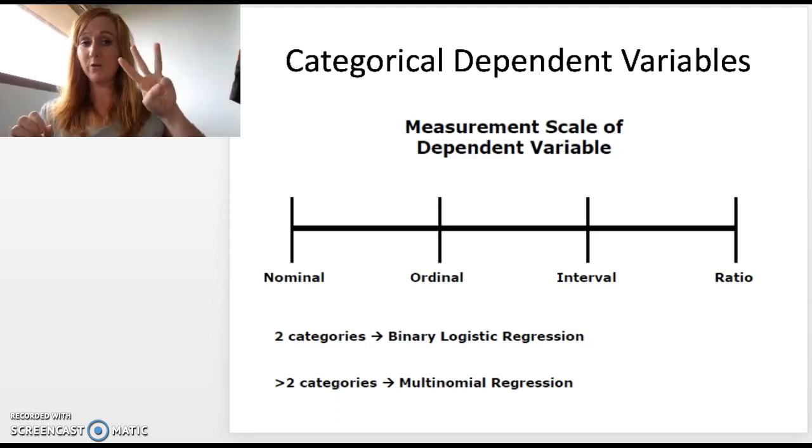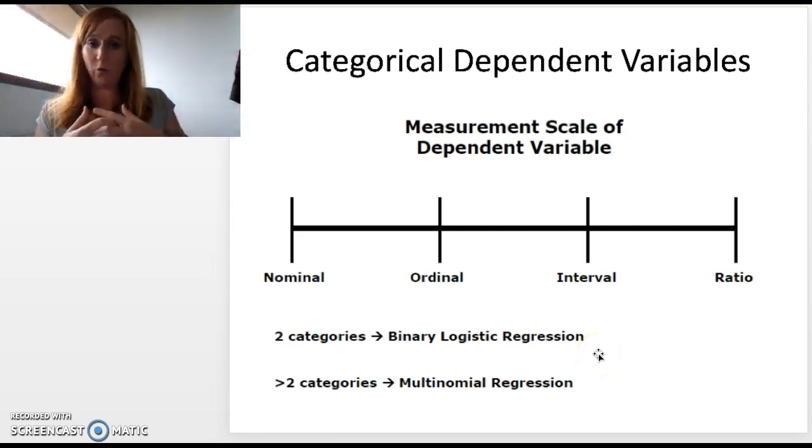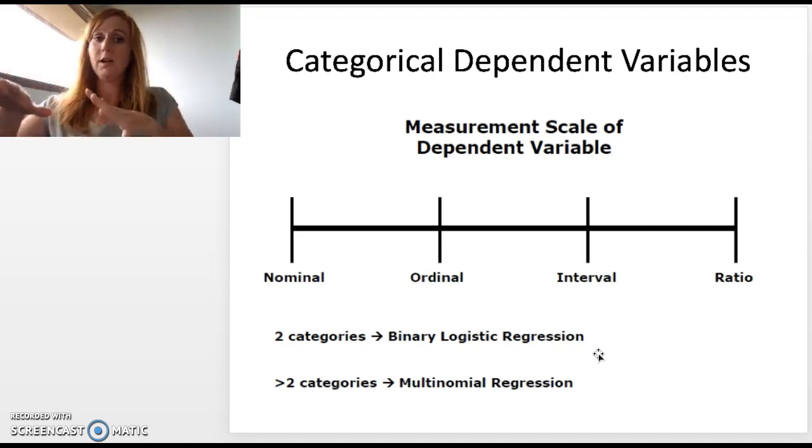If you have 3 categories of things that could happen, you have to do what we call multinomial regression. I don't necessarily teach that in this class, but there is a regression for that. It's generally something you would learn in graduate study, so I save that for another class if you continue on. We're already well beyond the scope of this class, so you're already very well prepared to start doing some analyses.